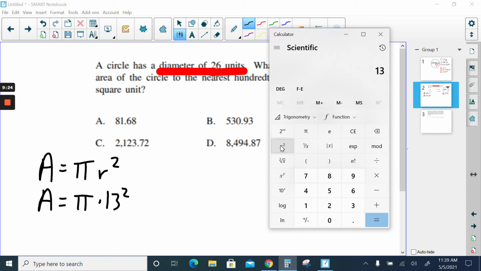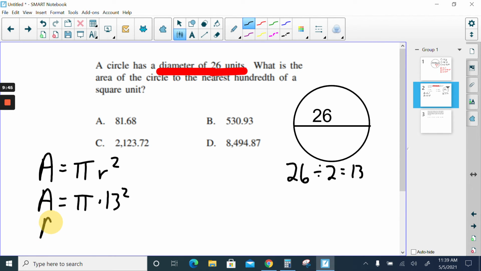Most scientific calculators do have this squared button. If I click that, I get 169. Same thing if I did 13 times 13. Still get 169. So my area in this problem is whatever pi times 169 is.